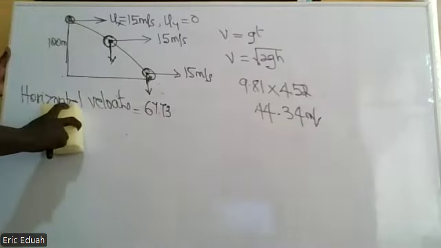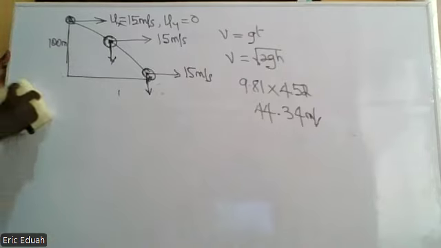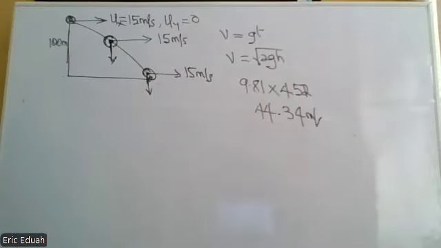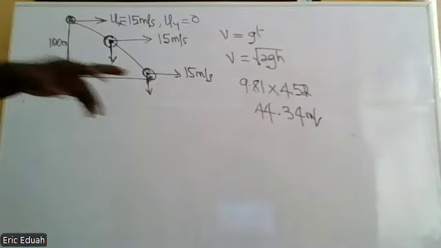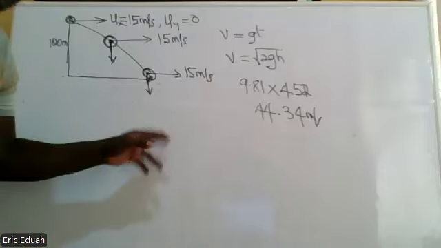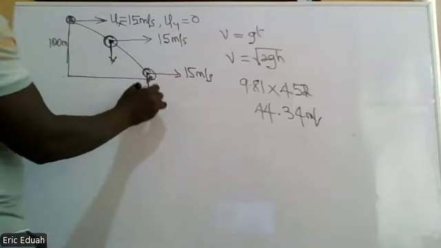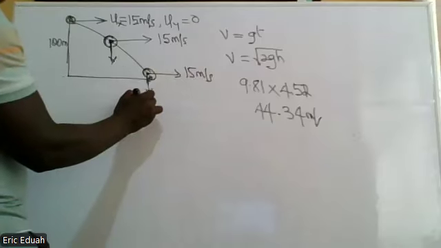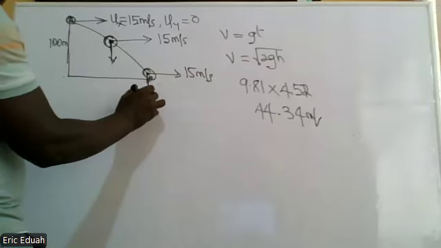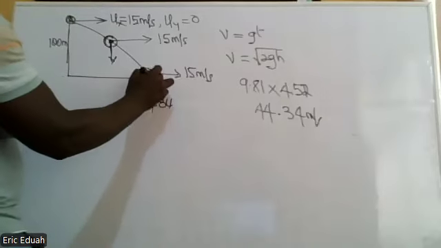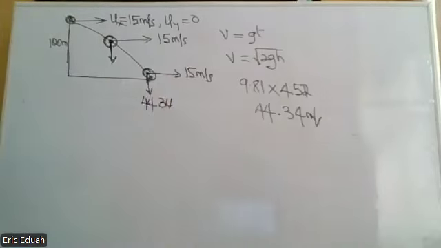When the ball hits the ground, the body has come to a stop. So that is why the question said just before the body hits the ground. Just before it hits the ground, there is a vertical velocity of 44.34. There is a constant horizontal velocity of 15 meters per second.